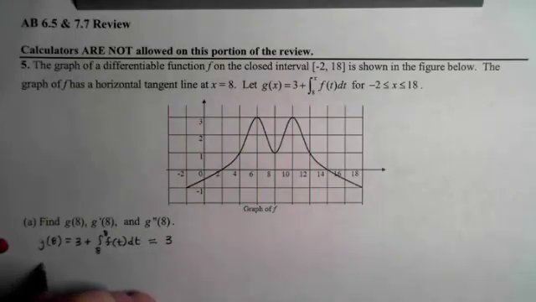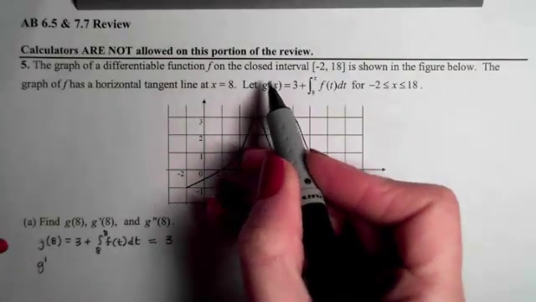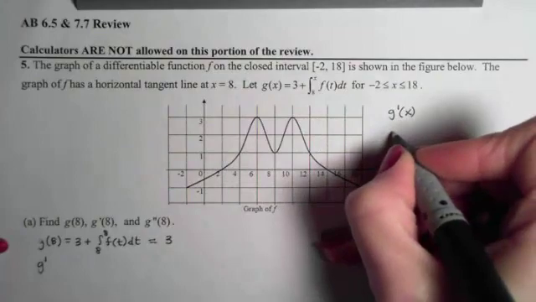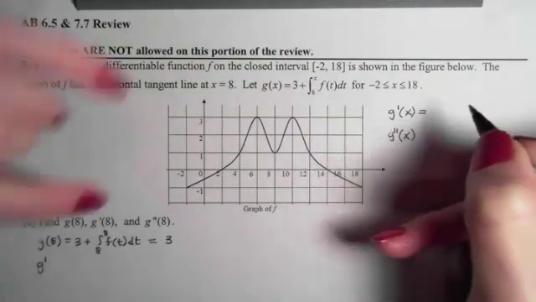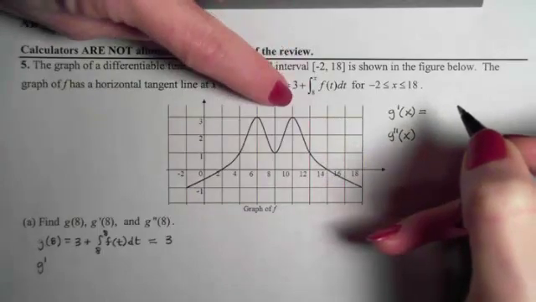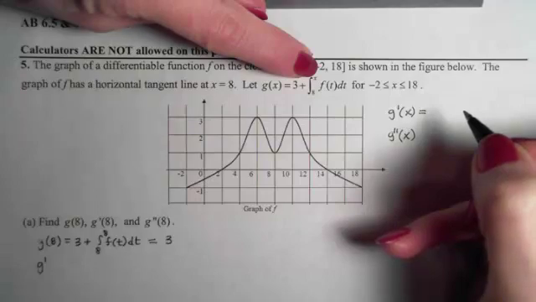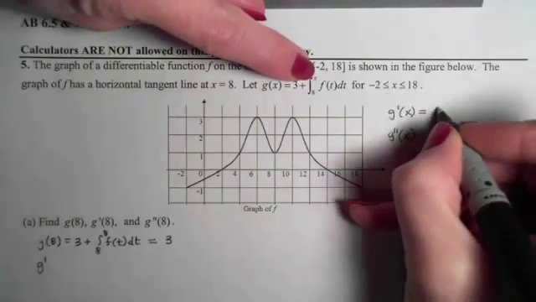g prime of 8 is going to require us to take the derivative of this function. So I'm going to go ahead and write down what g prime is up here, and I'll also write what g double prime is. So g prime, I'll take the derivative of the 3, which is 0, and then I'll hit the integral. And remember, when you hit an integral and you're taking the derivative of it, you're going to dump that top letter into the function inside.